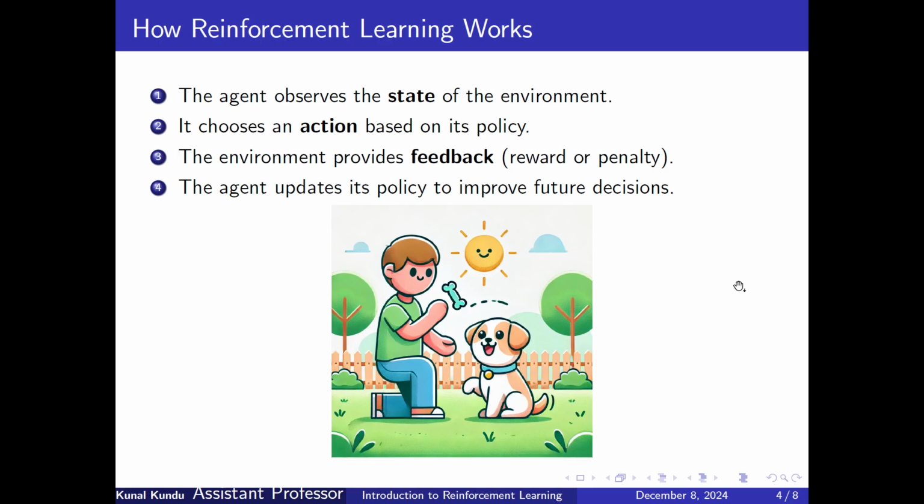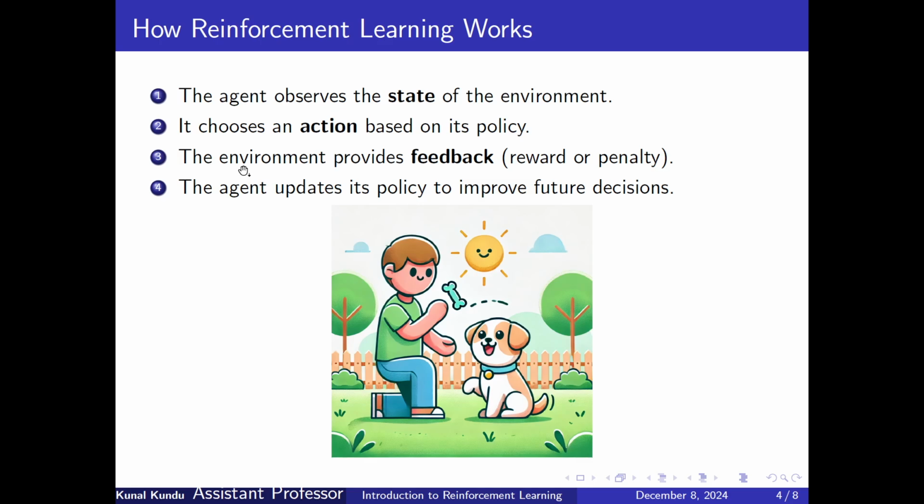So, how does reinforcement learning work? Here is how the reinforcement learning process works step by step. First, the agent starts by observing the current state of its environment. Second, based on this observation, it chooses an action using its policy.